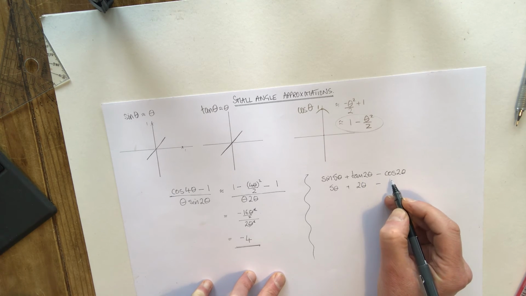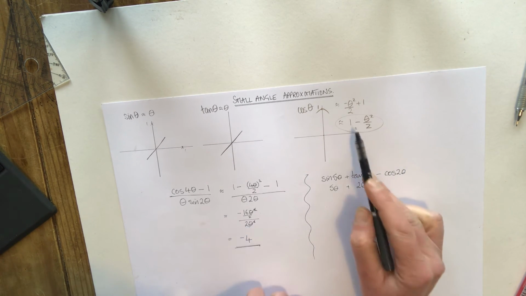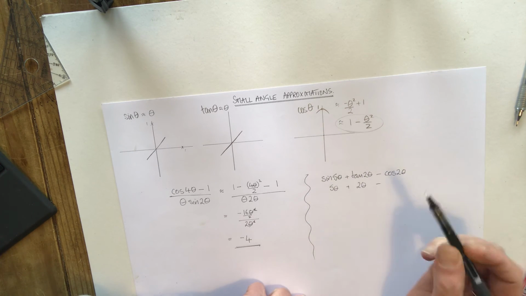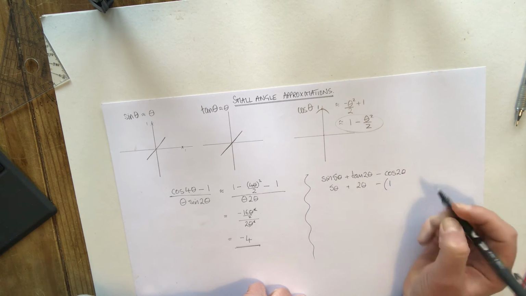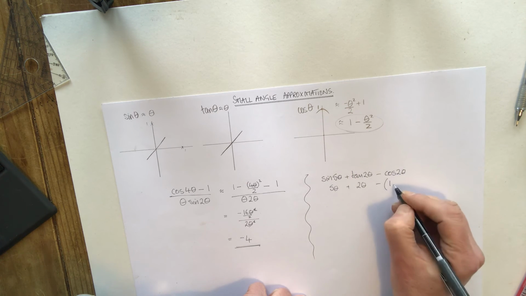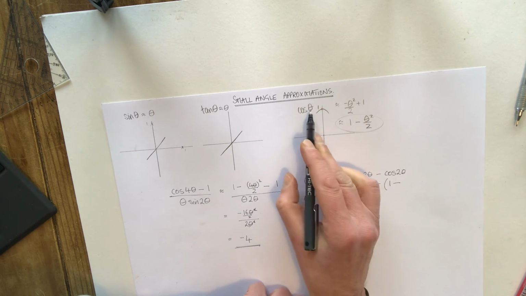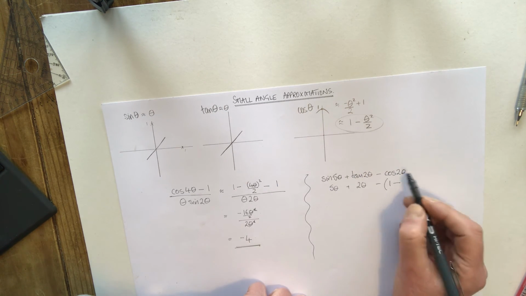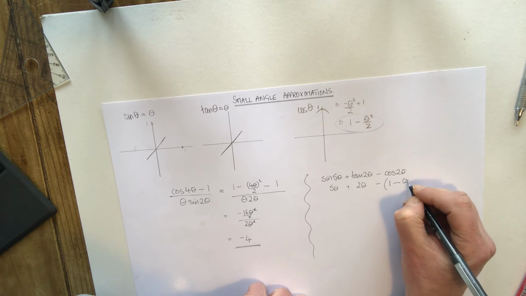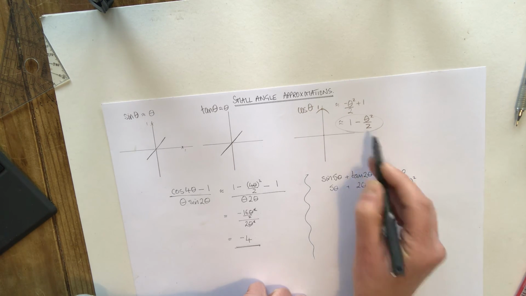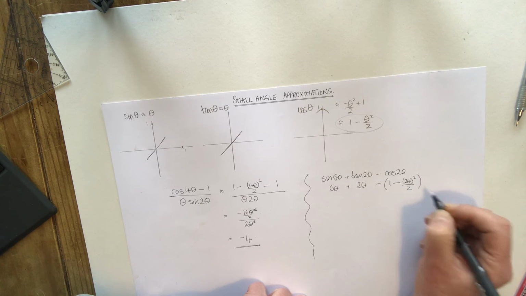And here comes the tricky one, cos 2 theta. Okay, there's my small angle approximation for cos. Let's put it in a bracket, make sure we get everything correct. 1 minus theta squared, so this angle squared. Our angle is 2 theta, so make sure we've got 2 theta in a bracket, divided by 2.